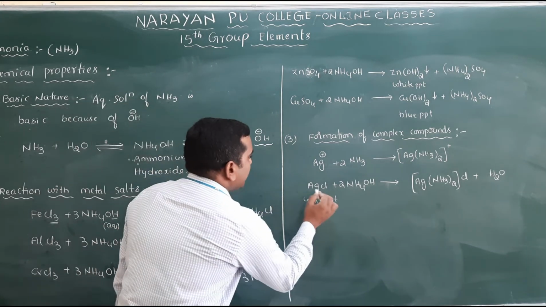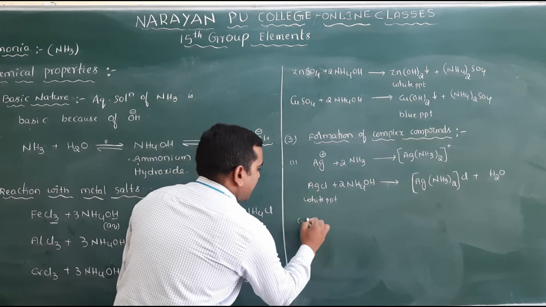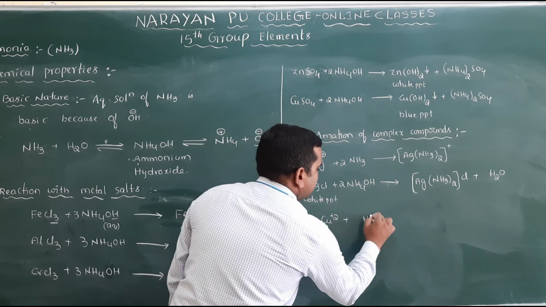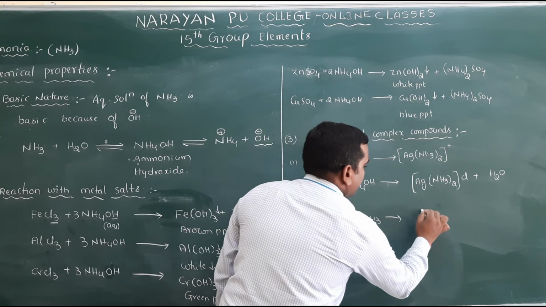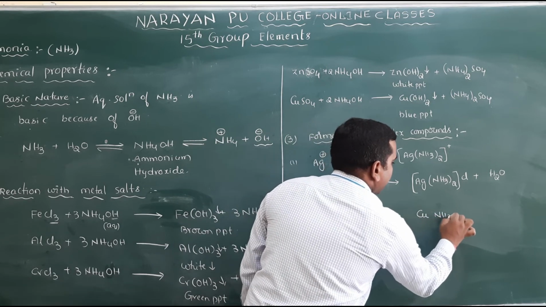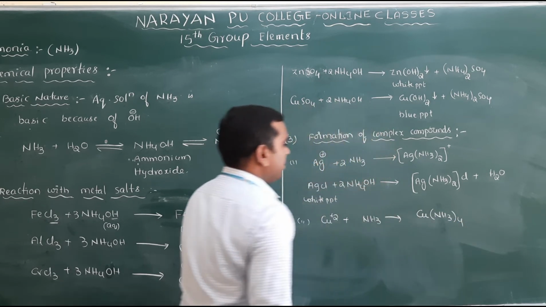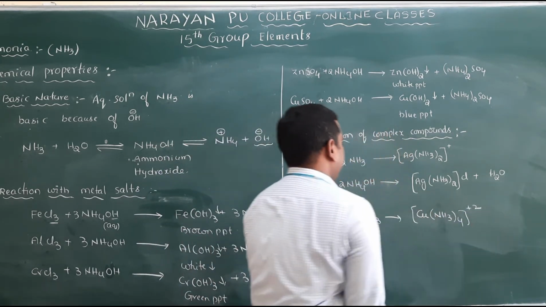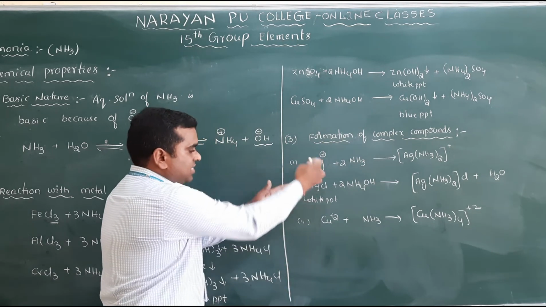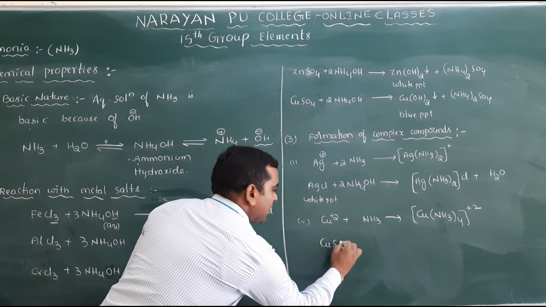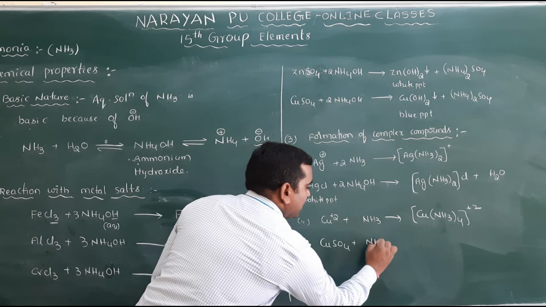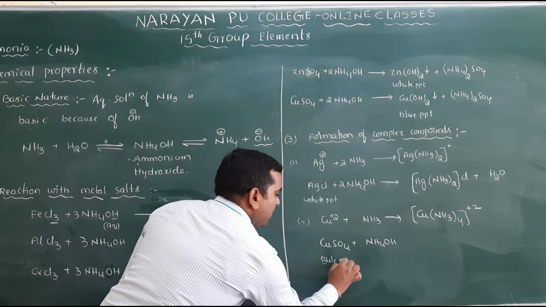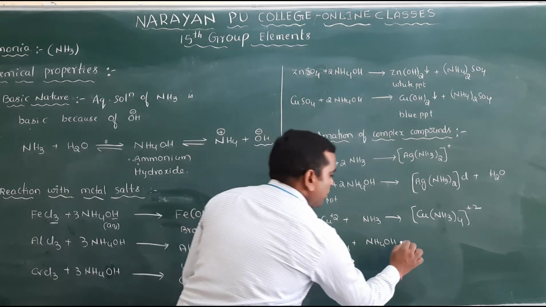In the same way, if I take copper, that is Cu 2 plus, and NH3, you will get the compound Cu(NH3) how many times here? 4 times, and you get plus 2. This is the ionic reaction. If I take it in the form of a compound, then which precipitate will it be? Blue precipitate, and this will be dissolved in ammonium hydroxide.